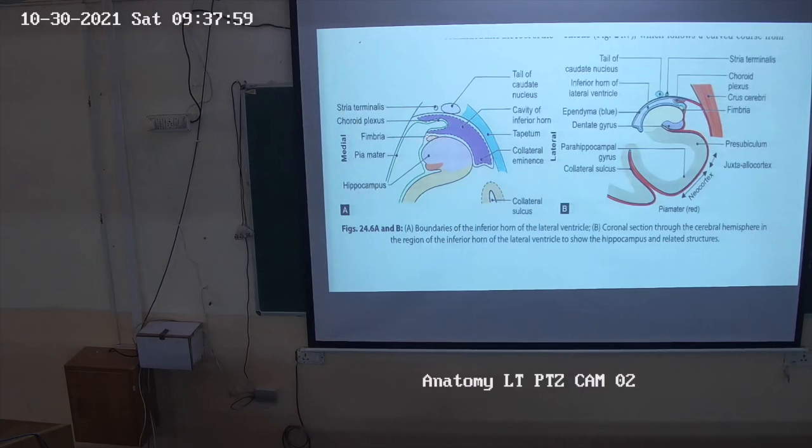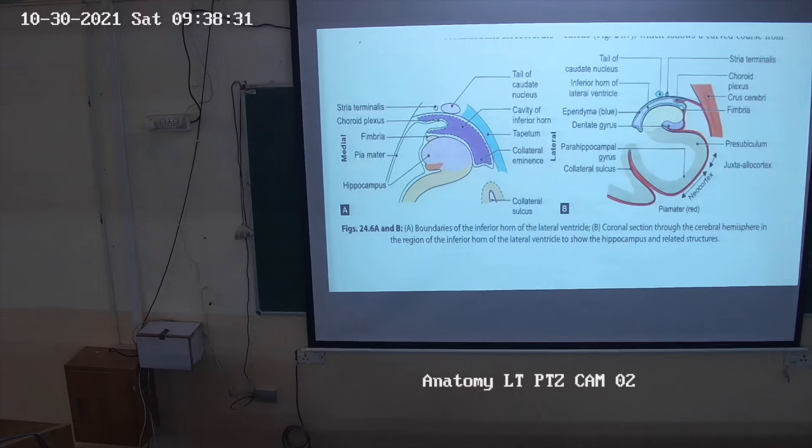As they come anteriorly, they collect in masses, and this mass is called the fimbria. So what is the fimbria? The fimbria is the aggregation of the white fibers of the hippocampus, the alveus, collected anteriorly.